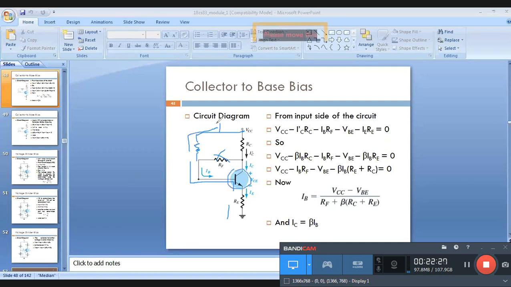VCC minus IB into RB minus beta into IB into RE is equal to 0. Taking IB outside, we get IB equals VCC minus VBE divided by RB plus beta into RC plus RE. This is for the input terminal.